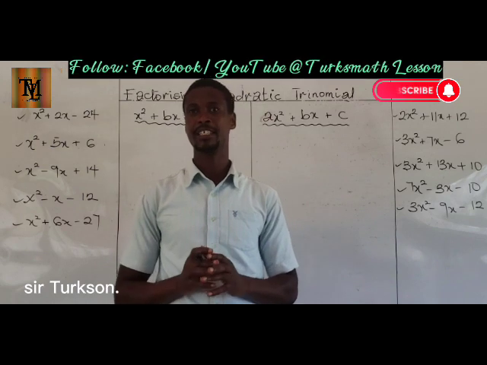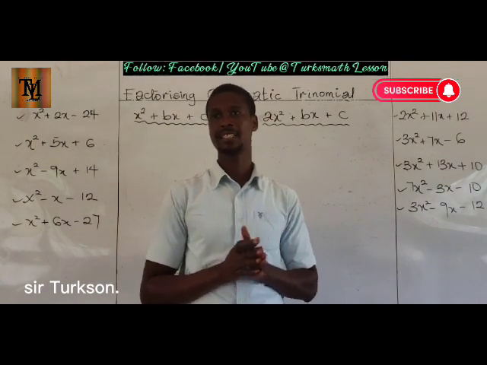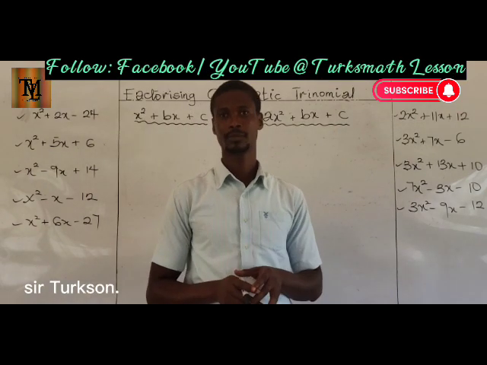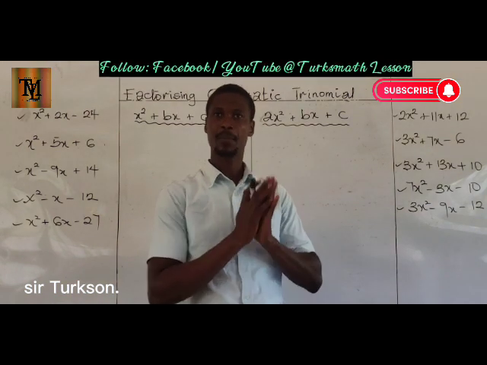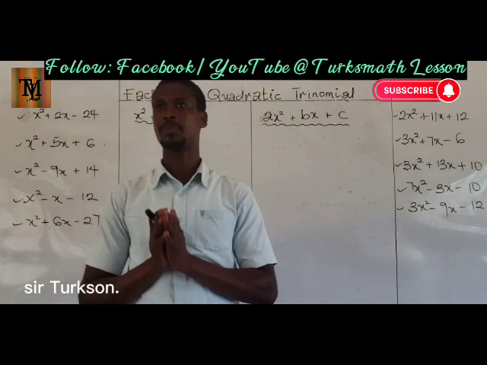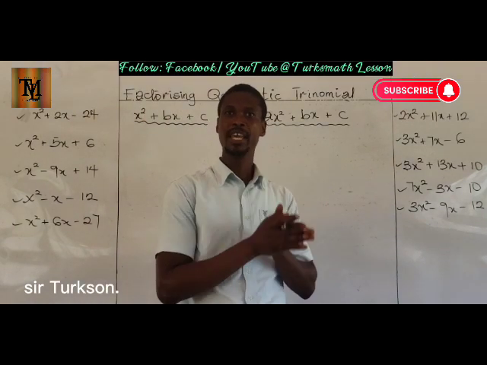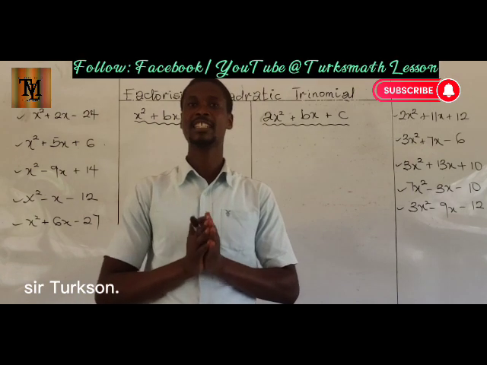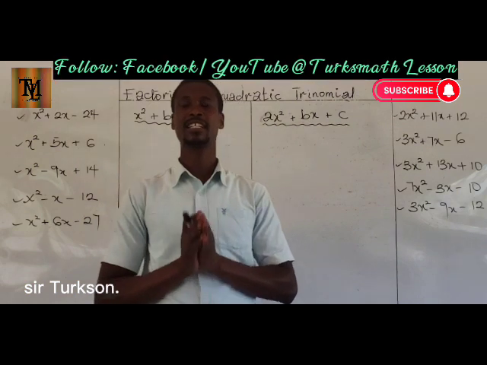Any expression in the form x squared plus bx plus c, or in the form ax squared plus bx plus c, where b and c are constants and not equal to 0, is a quadratic trinomial.